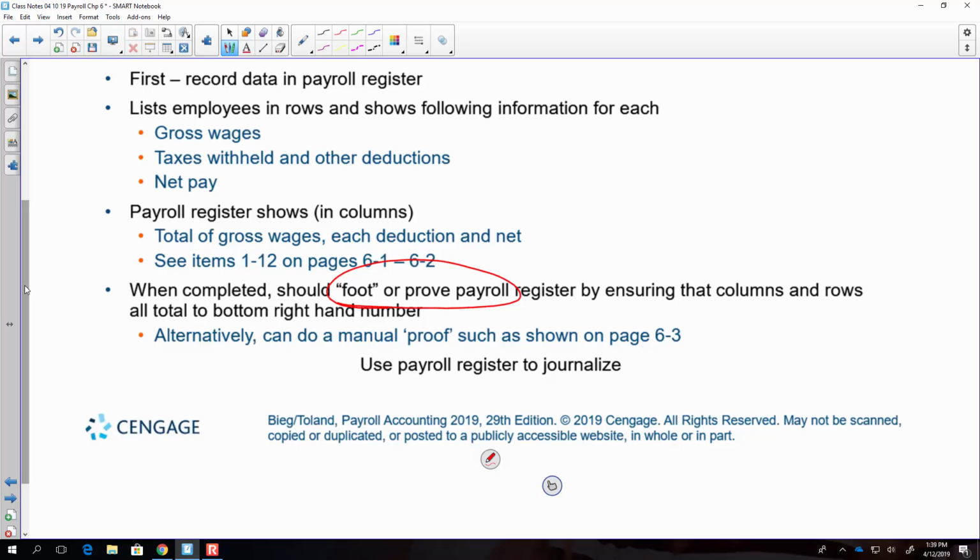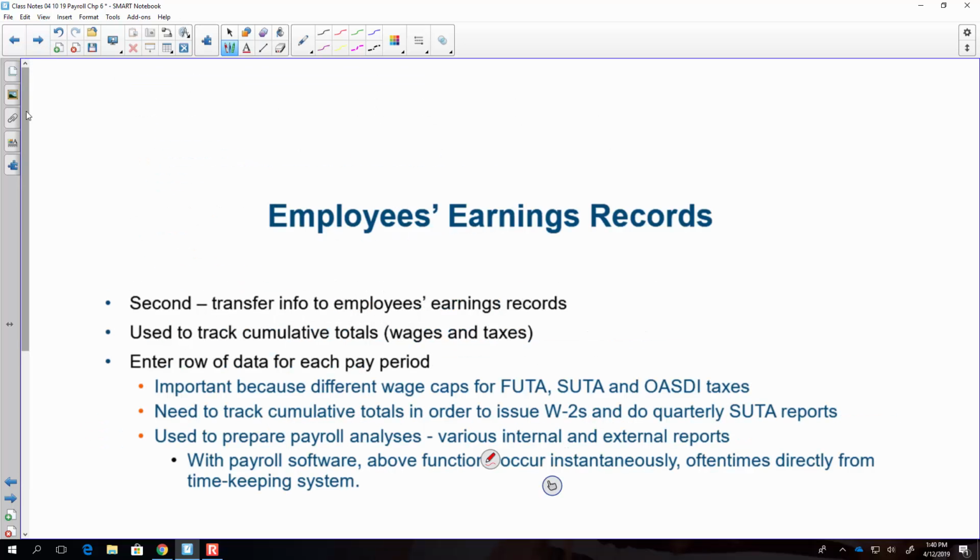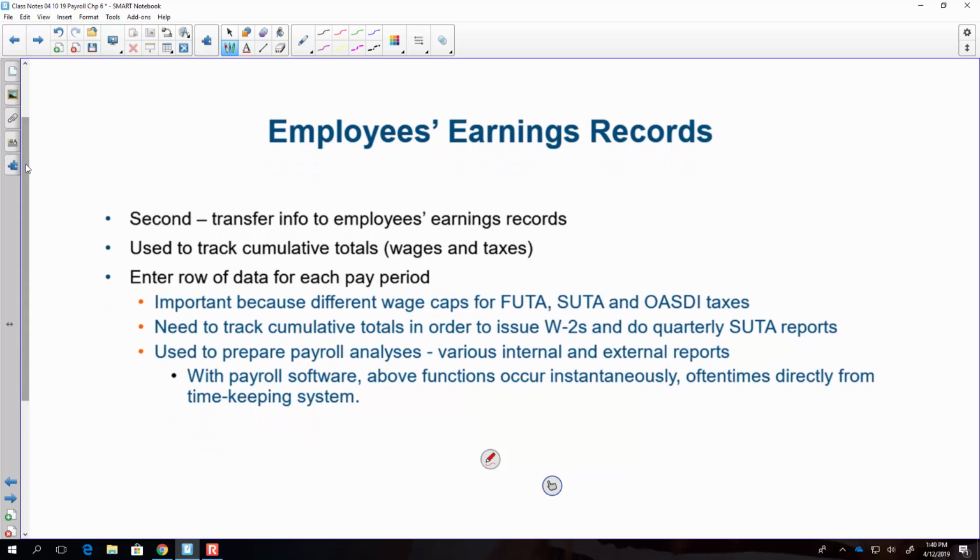And that just kind of shows that you didn't have any math errors while you were creating your payroll register. So again, it's not a term that we use quite often anymore, really.